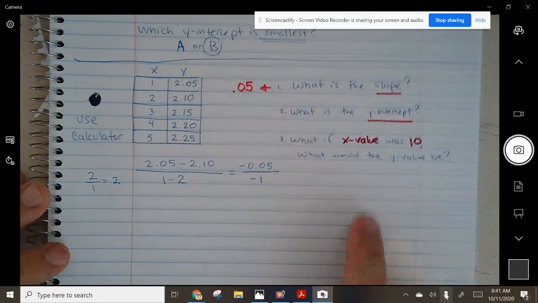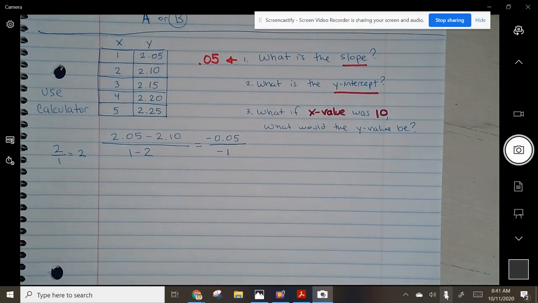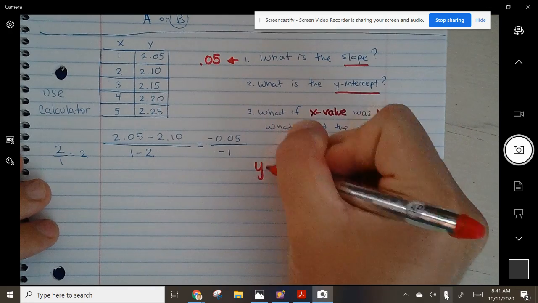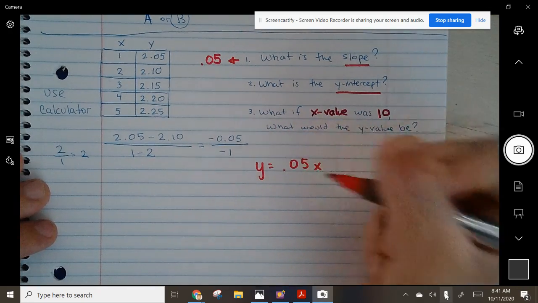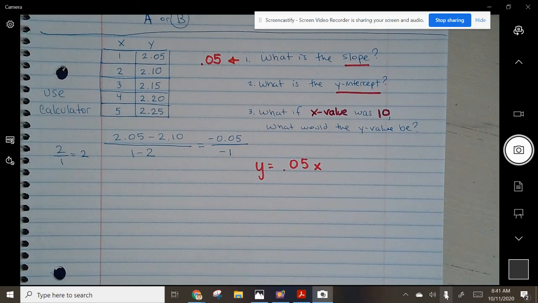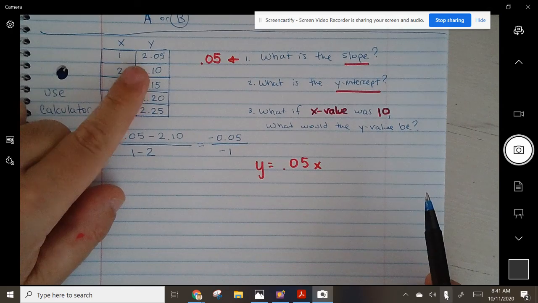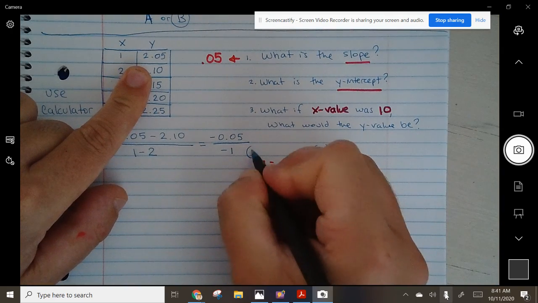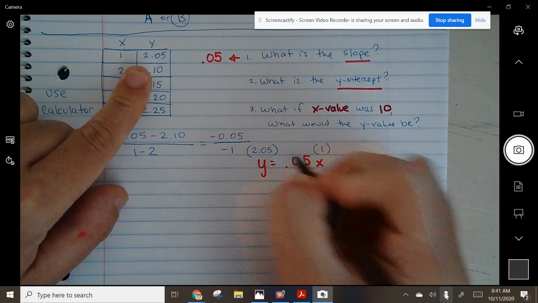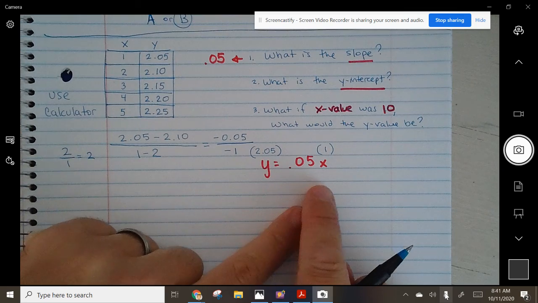Now, this is a tough question. What is your y-intercept going to be, okay? Now, if I know this is my slope, and that's where it goes, right? And we're good with that. Where is my y-intercept going to be? Well, let's take the first one we can. We'll take the 1 here, and we'll take this y. We know anything times 1 is itself.